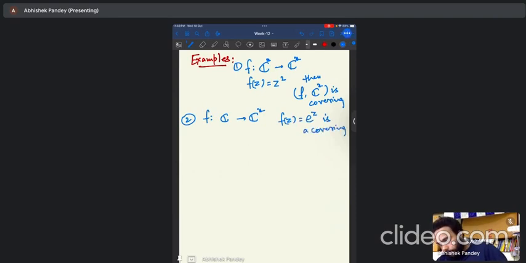Third, f from C to C with f(z) equal to z square is not a covering.